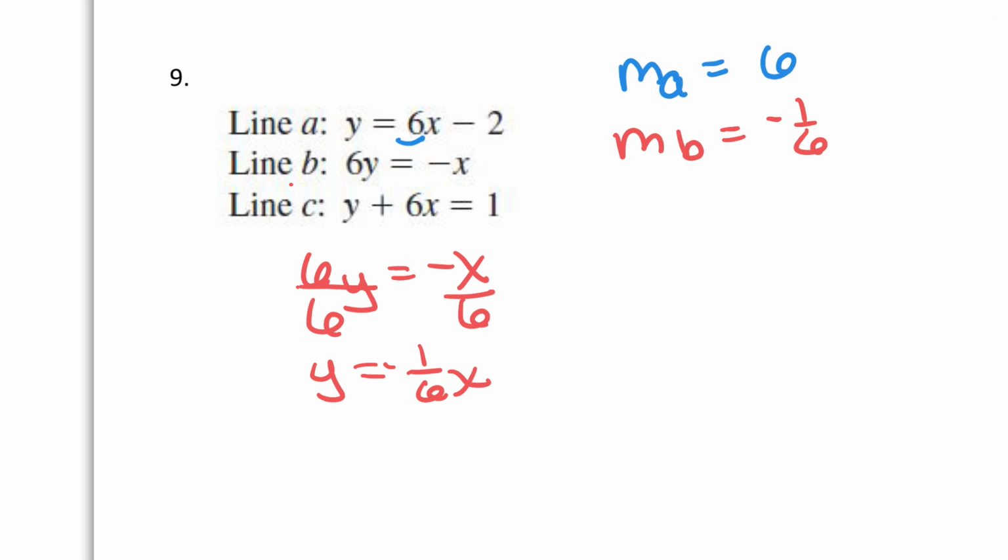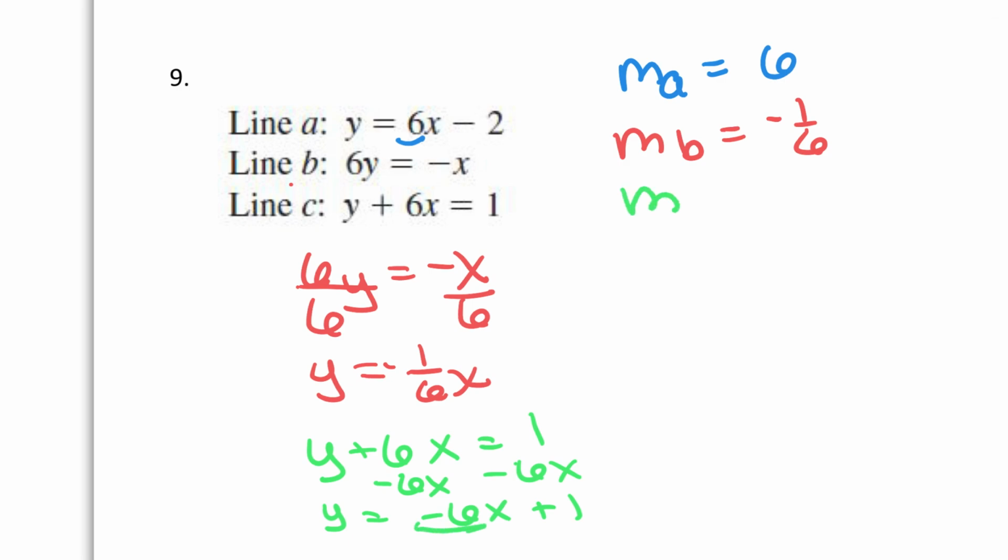Now line C, I have y plus 6x is equal to 1. I'm going to subtract 6x from both sides, and I get y is equal to negative 6x plus 1. So my slope of line C is negative 6. So now, what are my relationships?